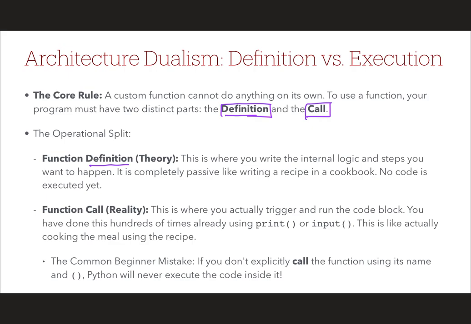If you want to execute the task, you need to call the name of the function. Then the task defined in the function will be executed line by line from the top to the bottom. If you do not make a call, no part of the function will be executed.